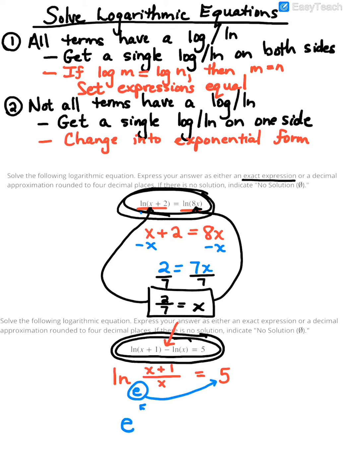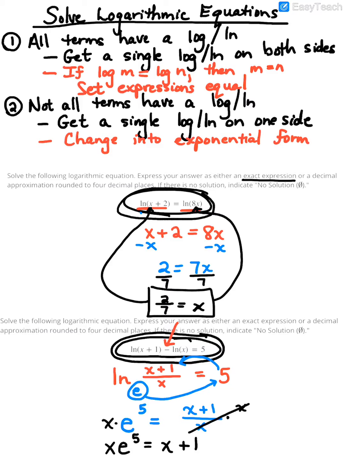It gets raised to a power of 5, and that's equal to x plus 1 divided by x. I have to get x by itself, but before I can do that, I need to get rid of the fraction, so I'll multiply both sides by x. So I have x times e to the 5th is equal to x plus 1.